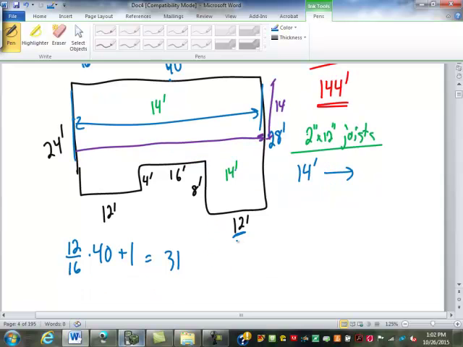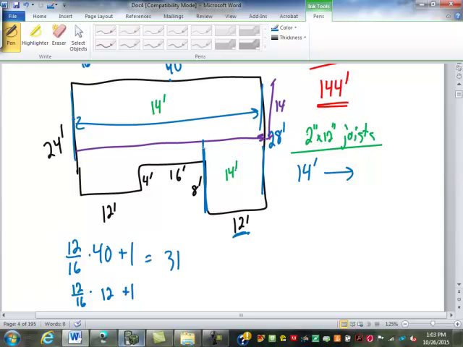Right here, right? So it'd be 12 over 16 times 12 plus 1 or minus 1. I need one on this end. Do I need one on this end? Yes, I do. It's going to come out on 12 foot, a 4 foot spacing. It will come out there. There will be one right there. So yes, we're going to add one. That would be just our regular joist. It's okay to be off by 3/4 of an inch.